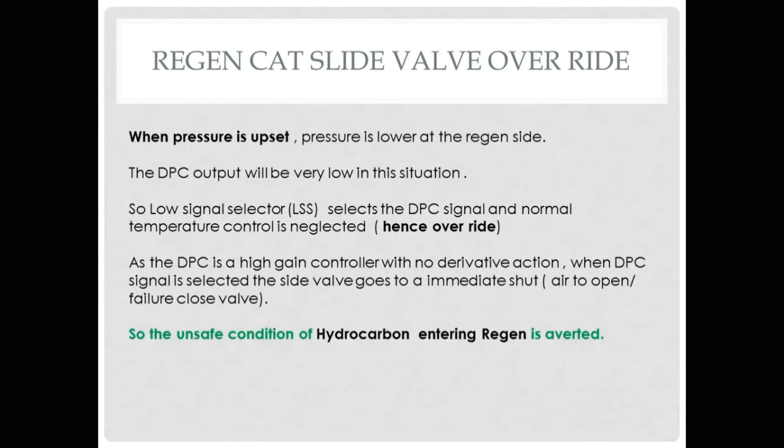In that case, there can be a flow of hydrocarbon into the regenerator, which is very dangerous. So in that case, the valve should immediately close. The differential pressure controller will sense this dP going below the set point, and the signal will come to 0, and that will be selected by the LSS, and hence the valve closes immediately. Thus a major crisis in the plant is avoided.